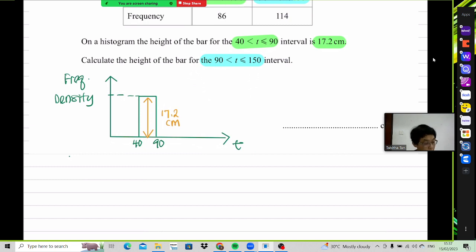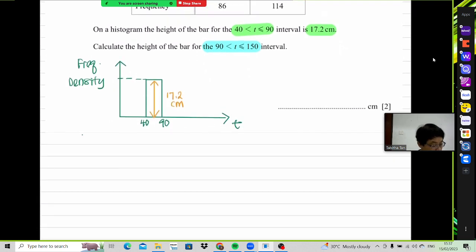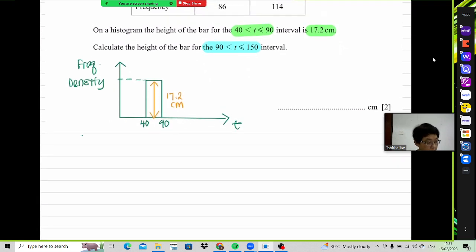Now they asked us what is the height for the time 90 to 150. So you notice that you need to relate the centimeter to frequency density.